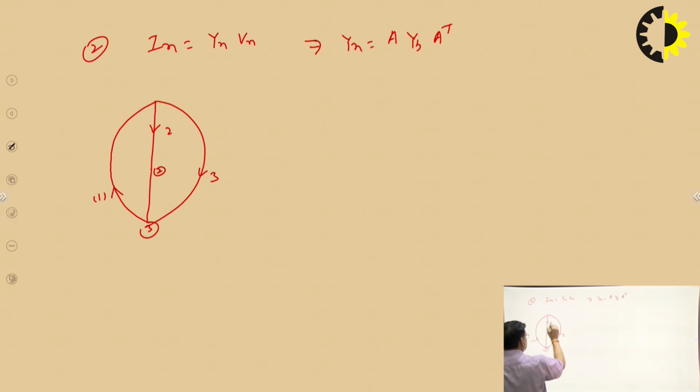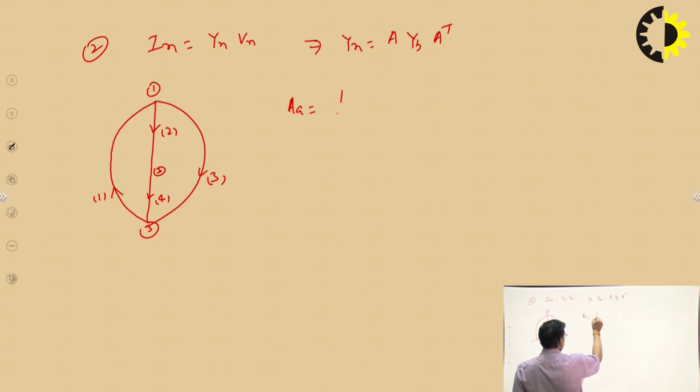This is 1, this is 2, this is 3, and this is 4. And these are the nodes, and this is node number 1. So how many nodes are there? There are 3 nodes. So first write the A.